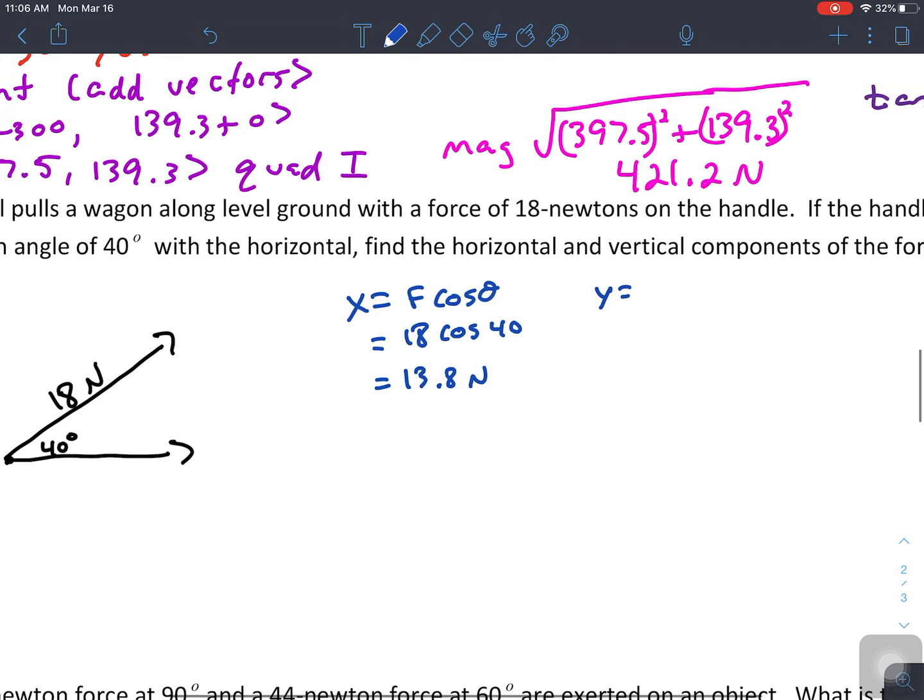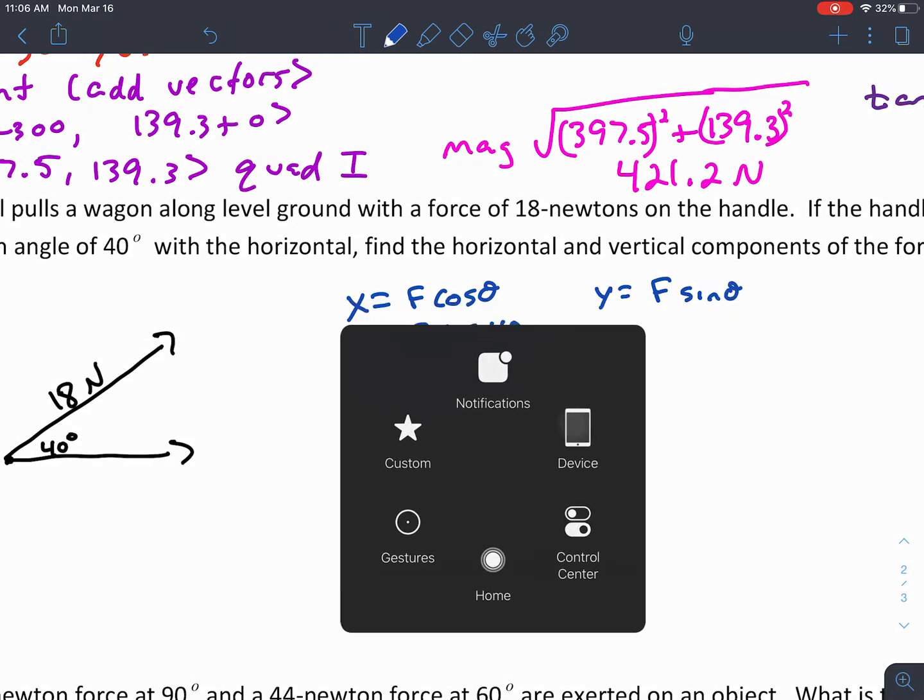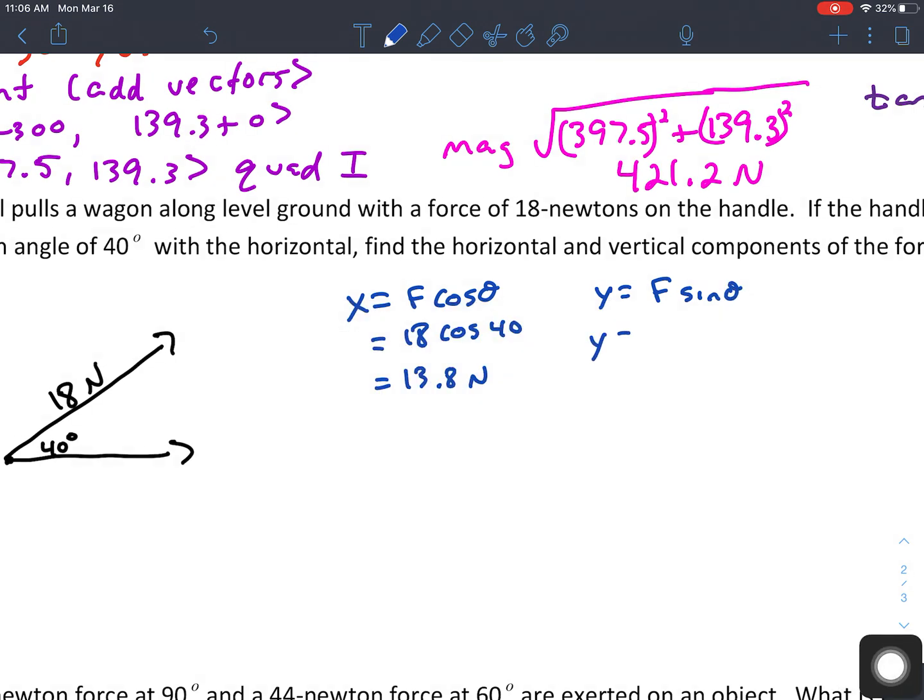The y component to this, the force sine of theta. So y equals 18 sine of 40.